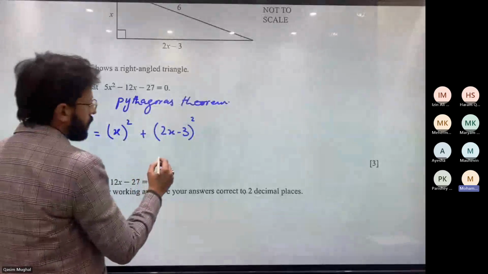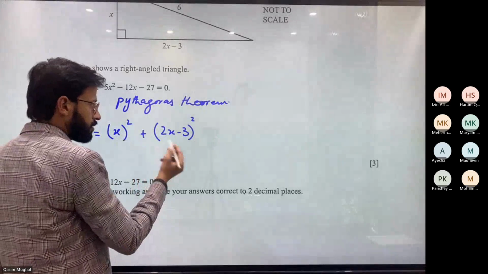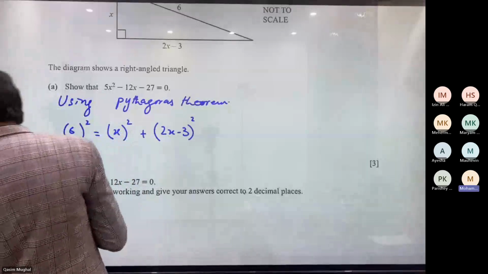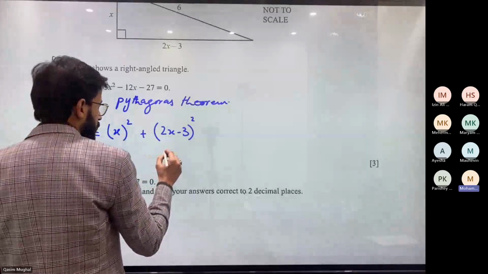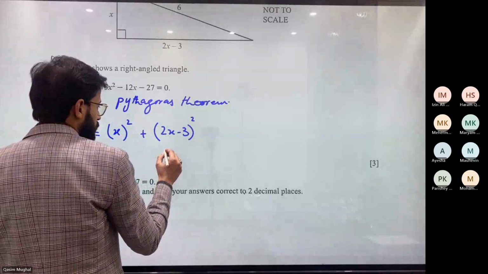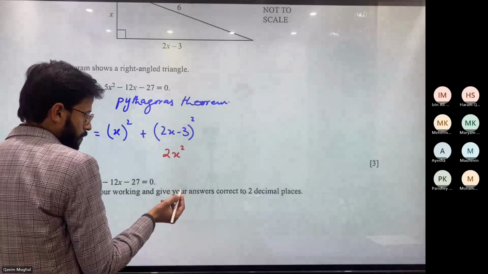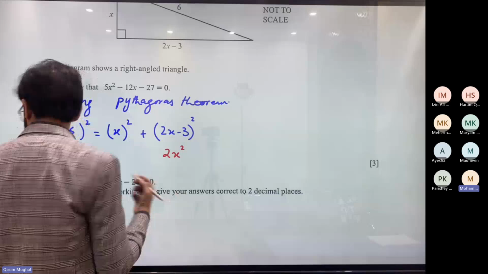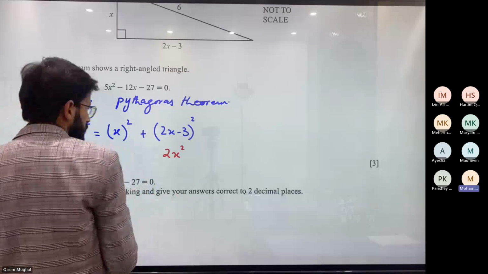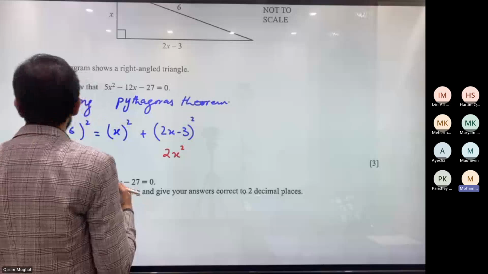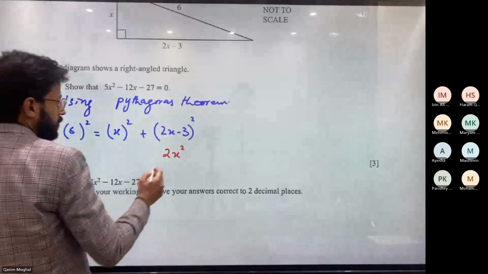So could we apply the identity? Yes, that's what we're doing. As I said, it would be 2x squared. Is that what you're saying? Mohammed? You said it's actually 4x squared. Shabash.